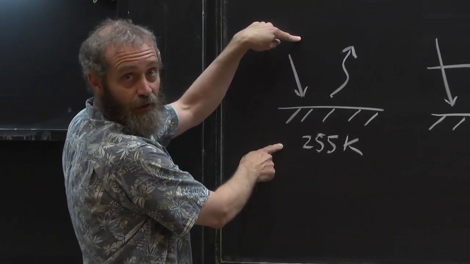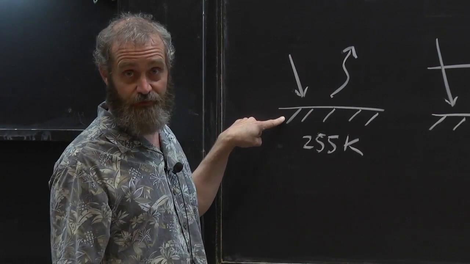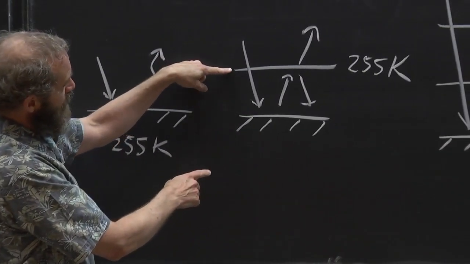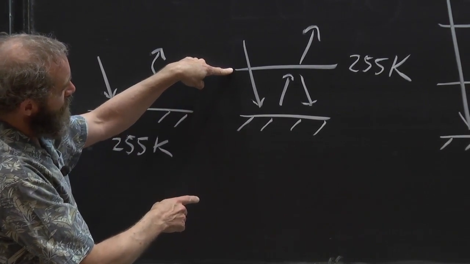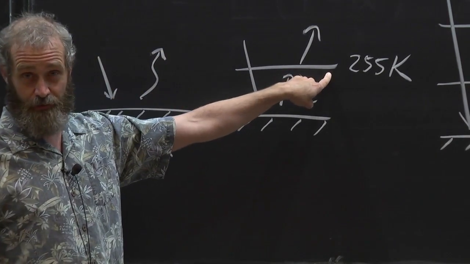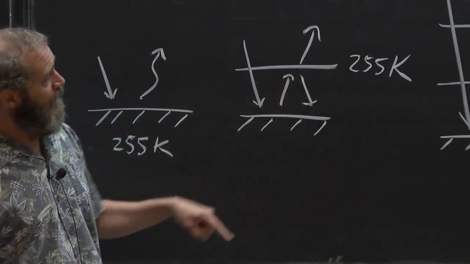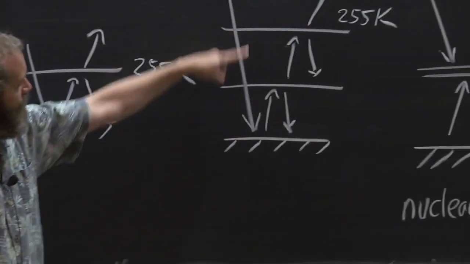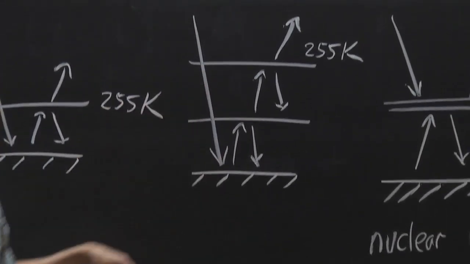So this is the naked Earth model, and the temperature of the ground is 255 Kelvin. Here is our greenhouse model with 1 pane of glass here, and the temperature of the pane of glass is 255 Kelvin again.